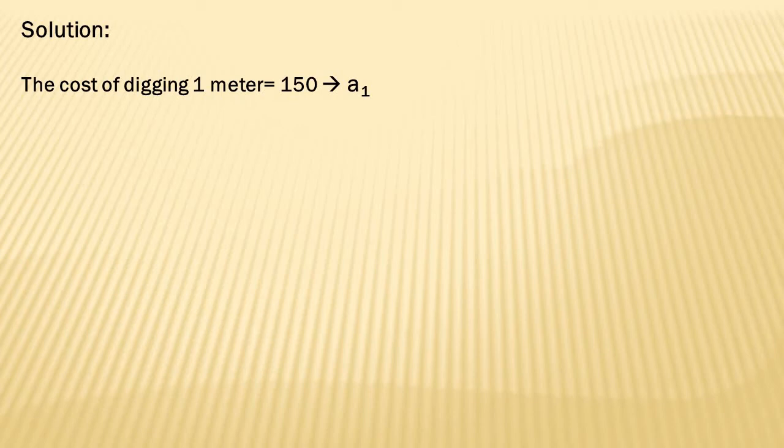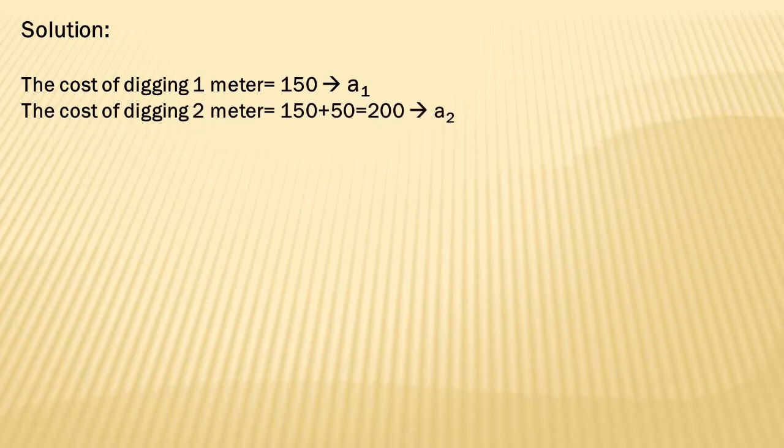First, we are going to list out the given values in the question. The first term is the cost of digging for 1 meter, which is 150 rupees. That's the first term of our list of numbers. The cost of digging the second meter is 150 plus 50, which you have to add if you want to dig more than 1 meter, which is 200. That's going to be the second term.